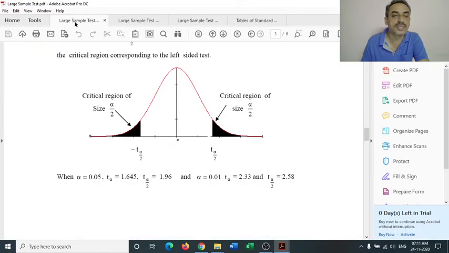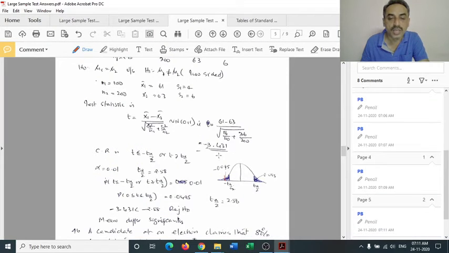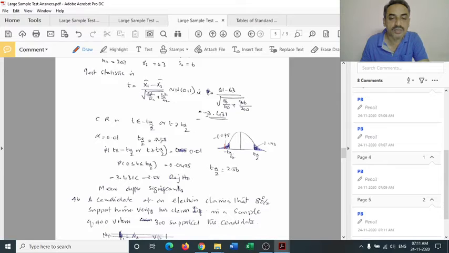Therefore, there is a slight difference in the table values for 1%. For alpha 0.01, t alpha by 2 will be 2.58, whereas 1.96 is when alpha is 0.05. So we have to compare it with 2.58.